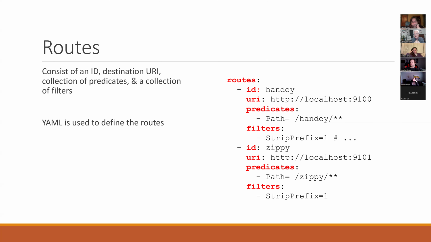And each one of those routes is going to have an ID, a URI, predicates, and filters. And then under predicates, I have another dash there. I can see that, oh, this is another array. So predicates ends up being an array with a path in it, and filters has an array with some filter object, whatever you want to call it.